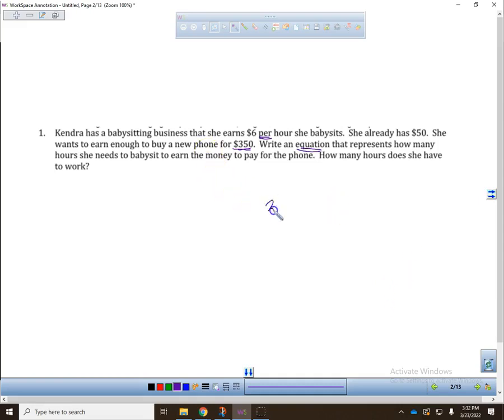So I know that her total amount she needs to earn is $350. I typically place that on the right side of my equation. Next, I need to identify my variable. My variable is going to be X or H for hours, and it's going to represent the number of hours that she babysits. I'm going to use X since that's what we typically use in algebra.